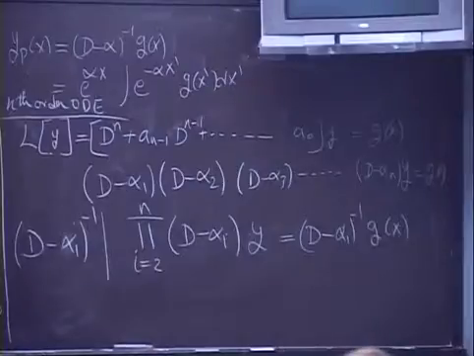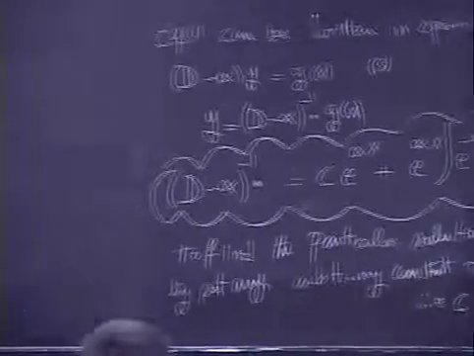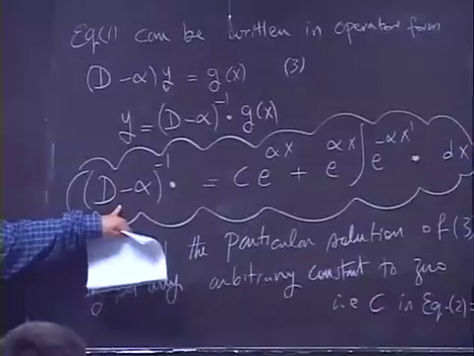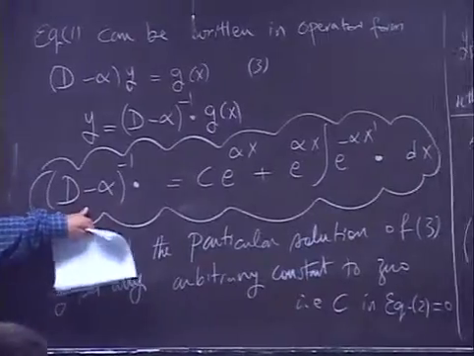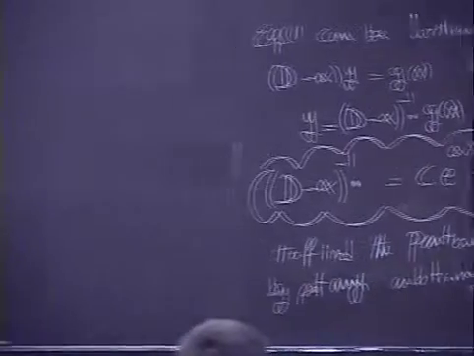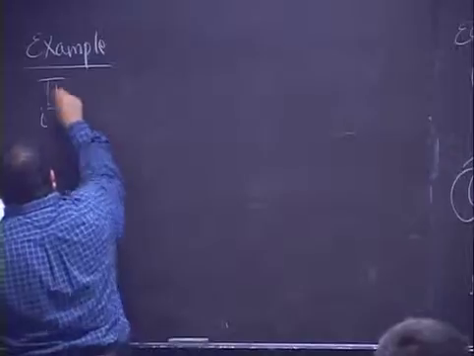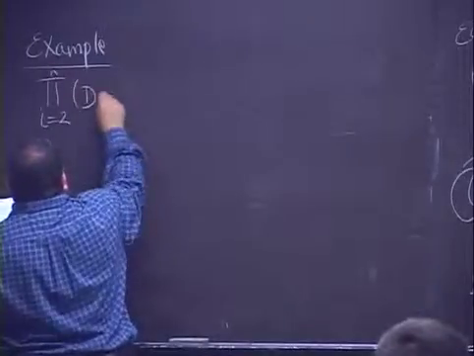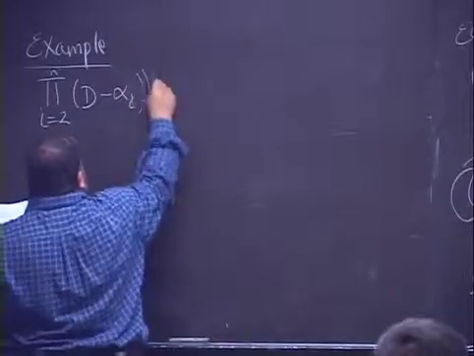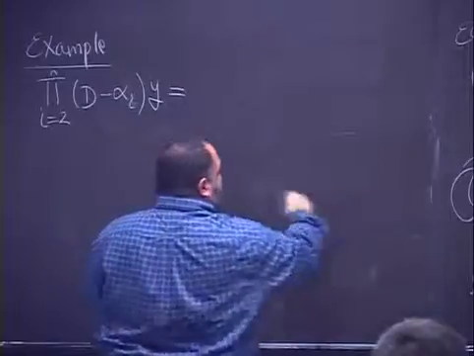Say, what's the operator D minus alpha 1? Yes, this is the operator D minus alpha 1. So all I will do is say that the product from i equal to 2 up to n of (D minus alpha i) operated over y is equal to this operator, which is what?